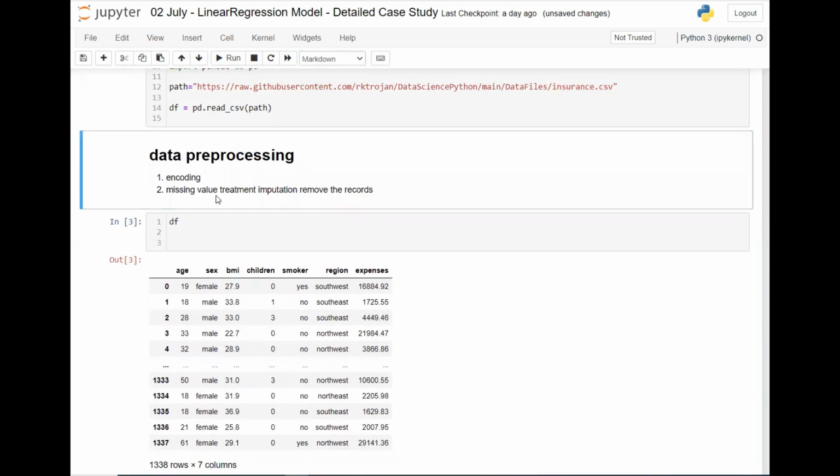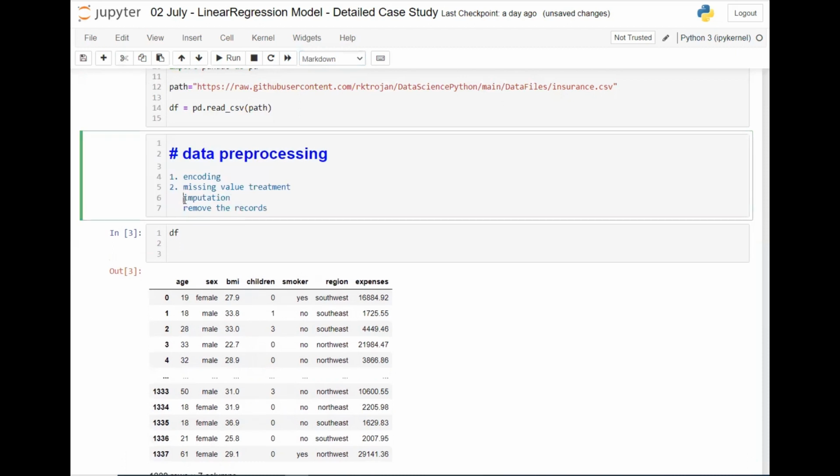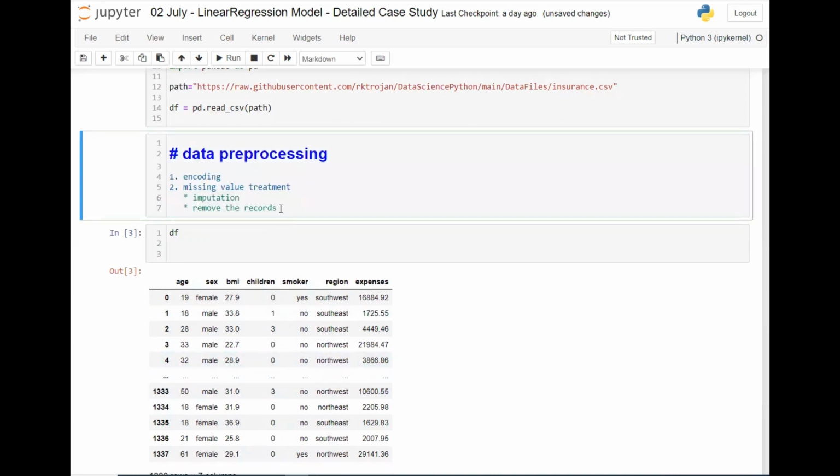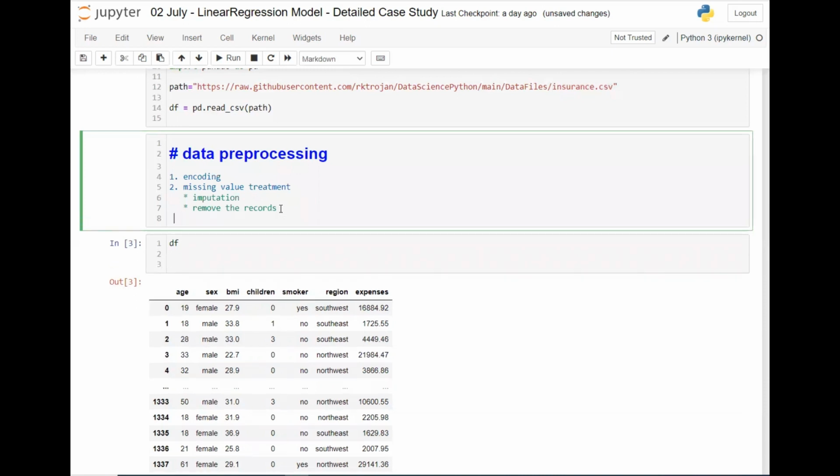So these are some of the things which we will be doing today. So data pre-processing includes encoding and missing value treatment, where either we impute the value by replacing the missing value, or remove the record. The other very important thing that we should do is data standardization.